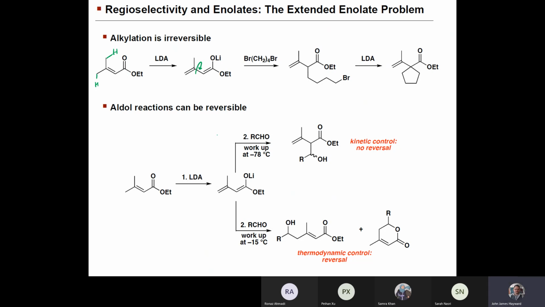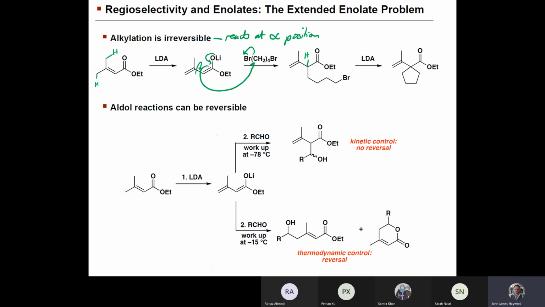And it does alkylation at the alpha position. So initially that gives us the monobromide shown in the middle. A second equivalent of LDA, of course, deprotonates at the same position, and then it cyclizes to give the cyclopentane.